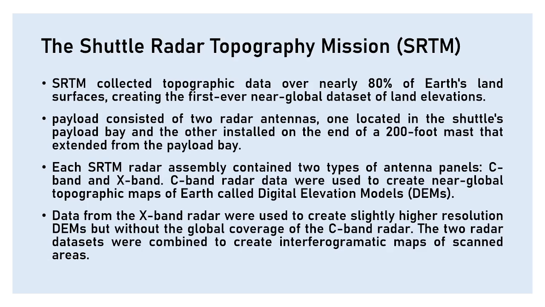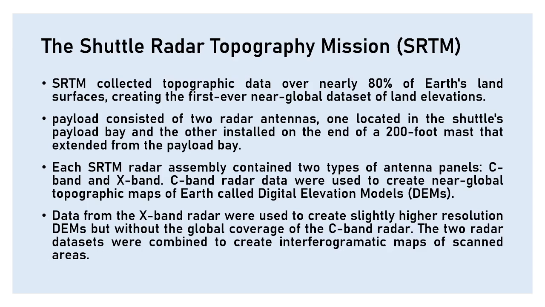Earlier, it was not possible to cover that much area or with that much quality, but now we have the technology for that. So the payload consisted of two radar antennas. That's what I was saying. If only one antenna is there, then it will have to go twice; two passes need to be done over the same area. But if you have two radar antennas, then it's easier to collect the data in one pass.